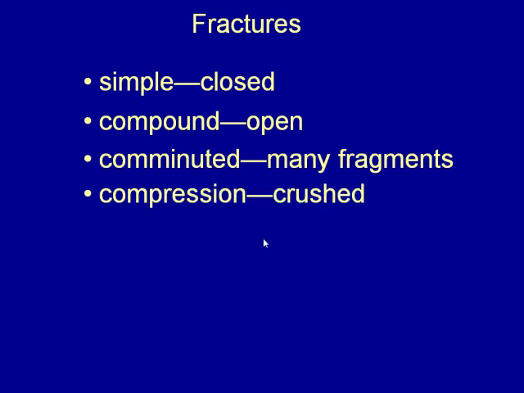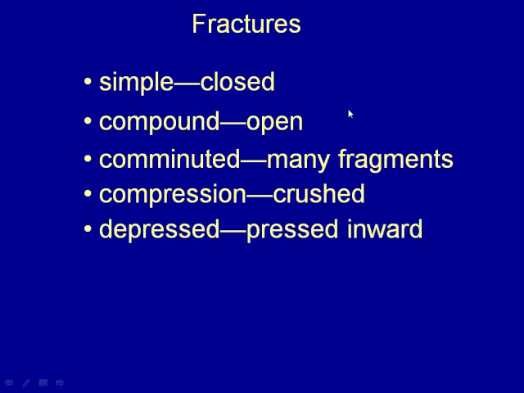A compression fracture is when the bone is crushed, and this is usually when the weight of the body crushes a bone. For example, the vertebrae tend to experience compression fractures in older people. A depressed fracture is when there is an indentation in the bone. A blow to the head might cause a depressed fracture in the skull bones.